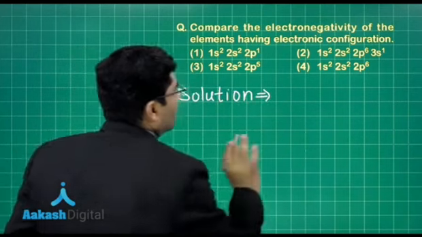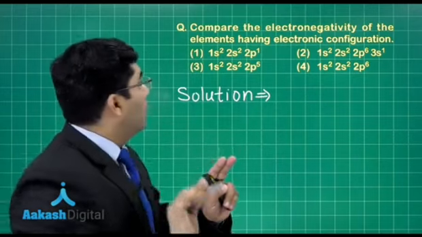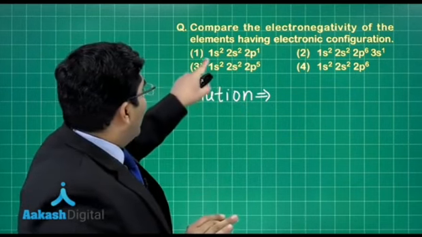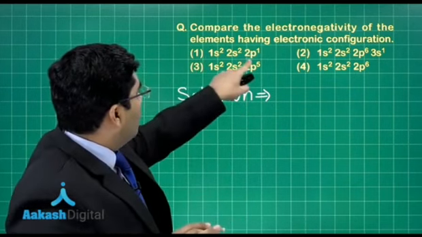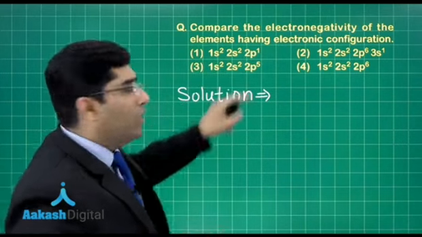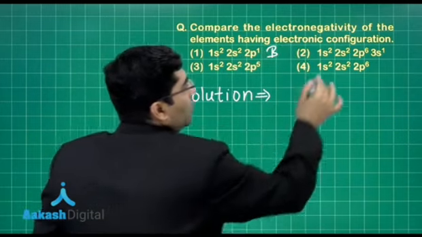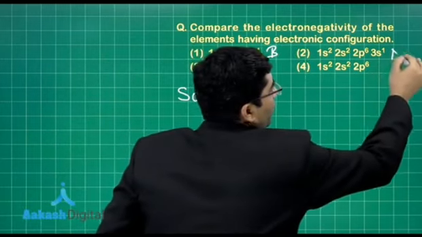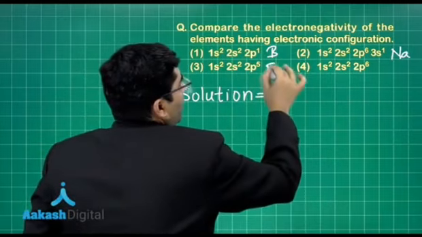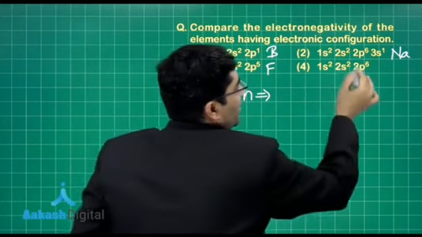Now I will not see the electronic configuration. What I will do, I will make the element. The atomic number is 4. The total number of electrons here is 5, right? It means that it is boron. This is boron, this is 11, this is sodium, this is fluorine, 2 plus 2 plus 5 is 9, 2 plus 2 plus 6 is 10, that is neon.